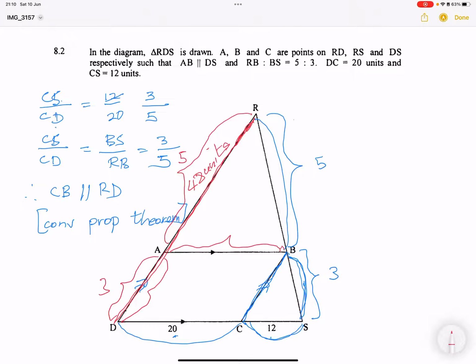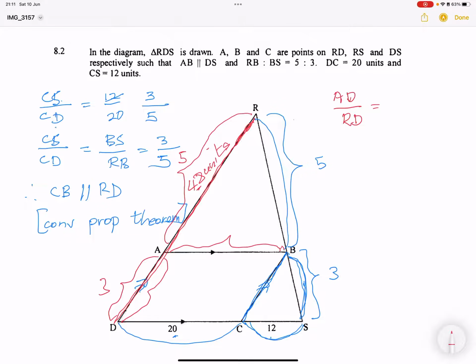So AD, the side that we want, over the long side. I'm using the long side because we already have the units for the long side, which is RD.